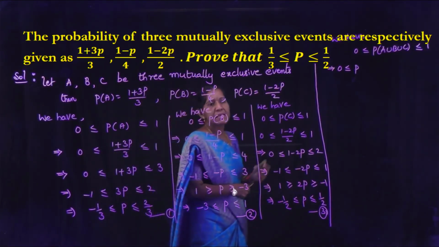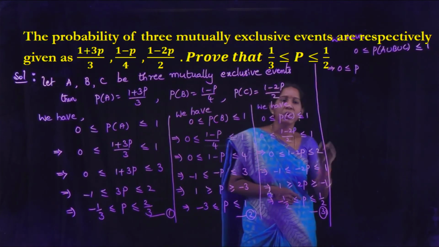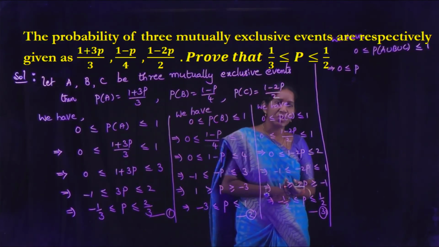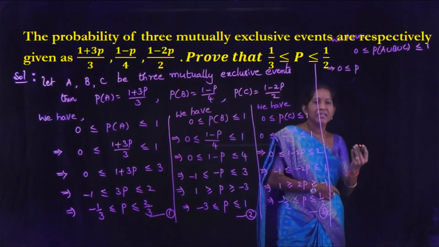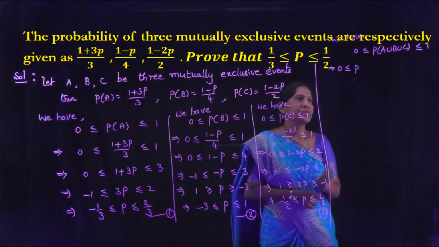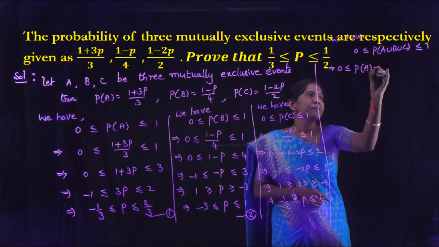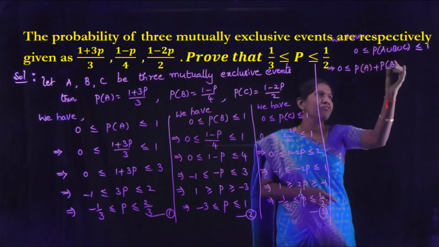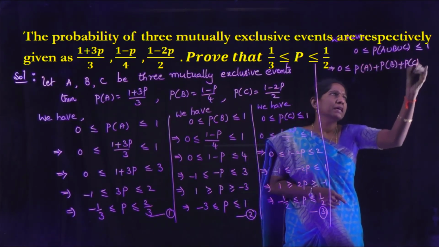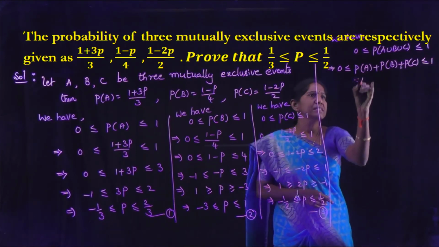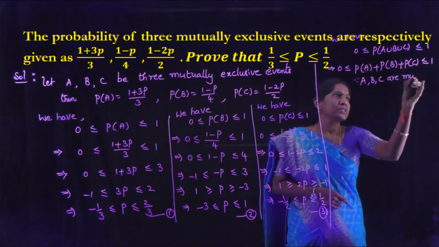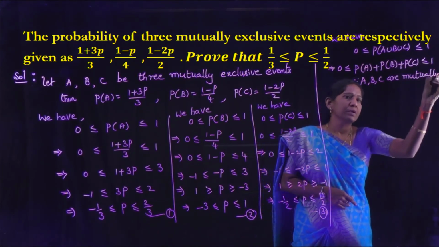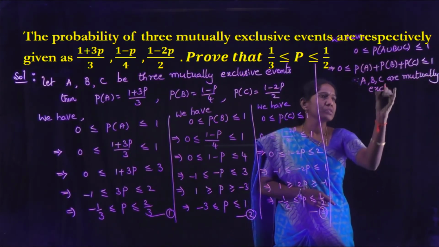That implies P of A intersection B is 0, P of B intersection C is 0, P of A intersection C is 0, and P of A intersection B intersection C is 0. Then it is P of A plus P of B plus P of C less than or equal to 1, since A, B, C are mutually exclusive events.